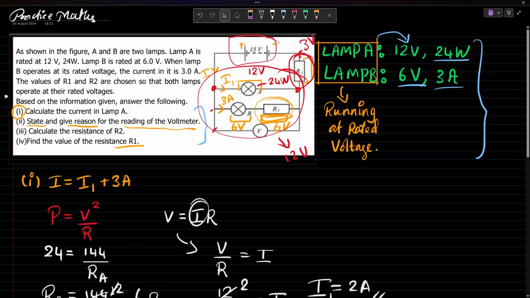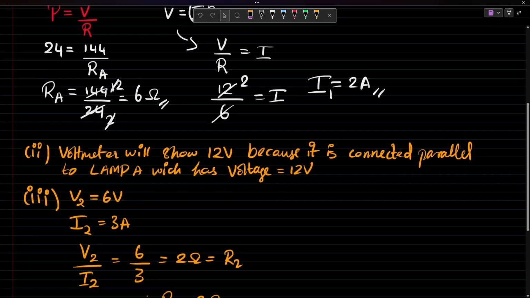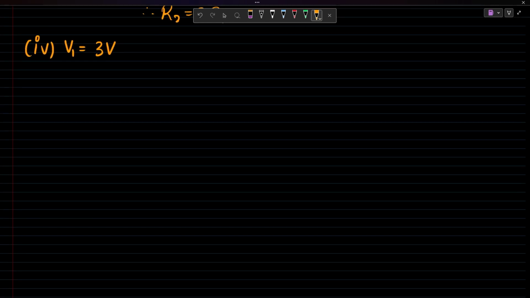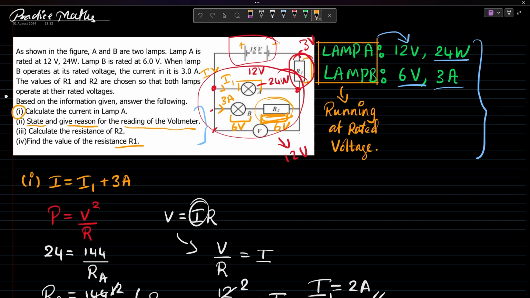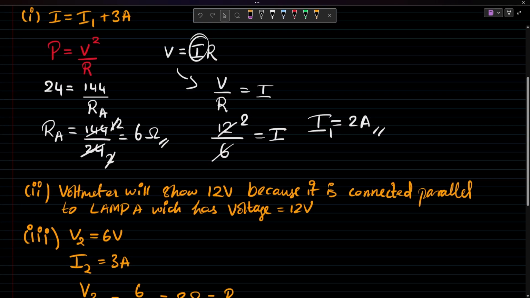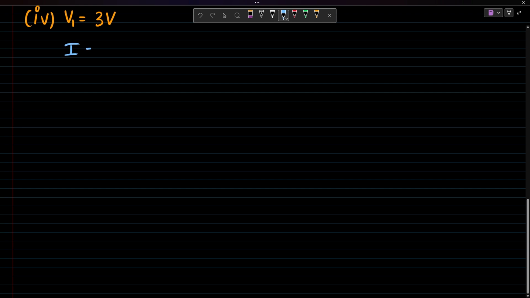Then we have to find the total current. We already know that the current through this is 2 amps, and this one is 3 amps. So total current through the system is I equal to I1 plus I2, which is 2 plus 3, equal to 5 amps.